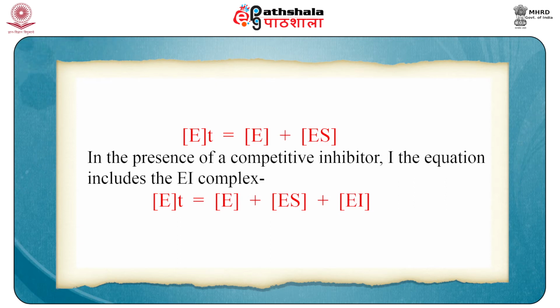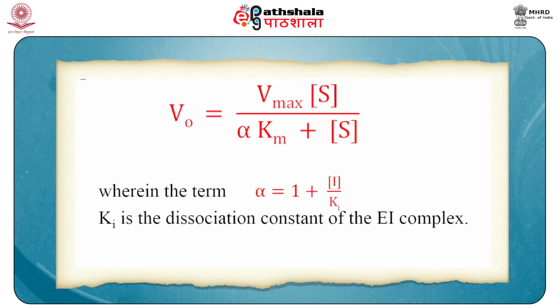If the Michaelis-Menten equation is derived using this equation, the final format of the equation can be shown to be V0 is equal to Vmax S divided by alpha Km plus S, where the term alpha is equal to 1 plus I divided by Ki. Ki is the dissociation constant of the EI complex.